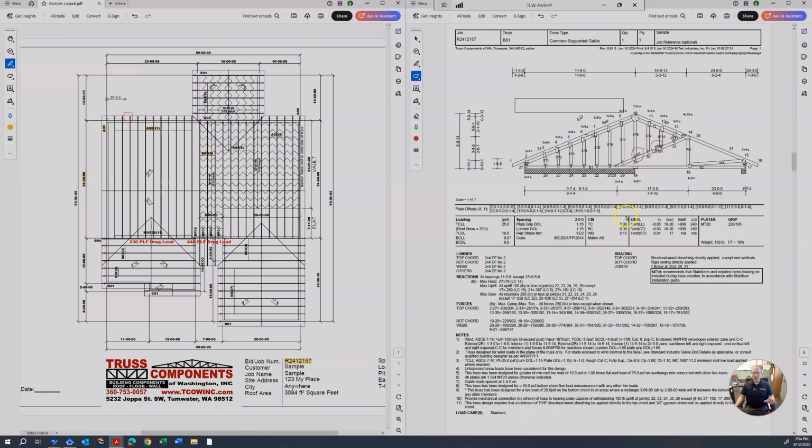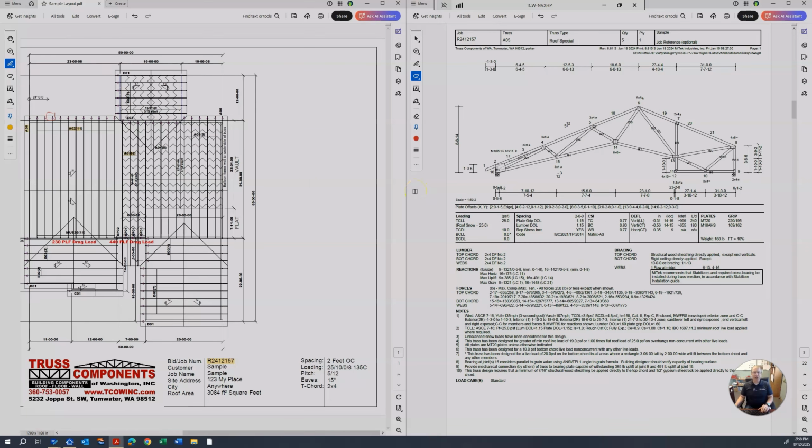Builders need to know the layout, where each truss goes, and to make sure that they fit the profile of the building. In addition to information like the plates that are holding the truss together and the fasteners that might be holding multiple plies of a truss together, other information that is on the truss layout is the spacing. And so this tells us what the frequency of the trusses is going to be.